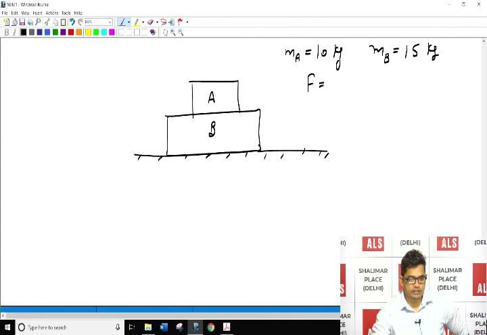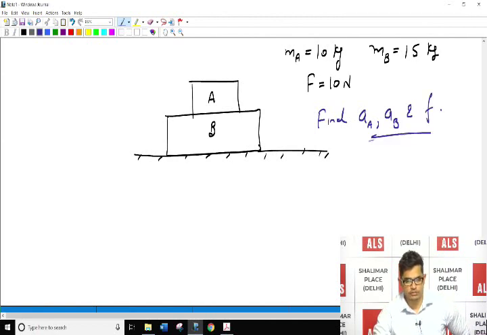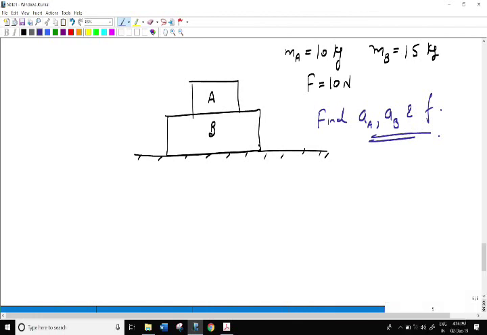And F is equals to 10 Newton. Again the question is, find the common acceleration and friction force. Find acceleration of A, acceleration of B, and friction. By the way, F is on the lower block.